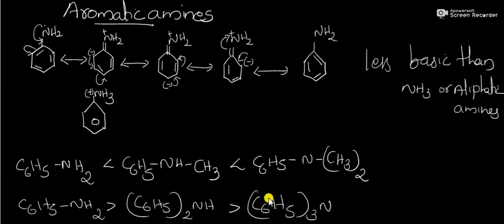Then which will be the more basic amine? Obviously, aniline will be more basic than diphenylamine, and which will be more basic than triphenylamine, due to the availability of the lone pair of electrons on nitrogen being very less in the case of this tertiary amine.